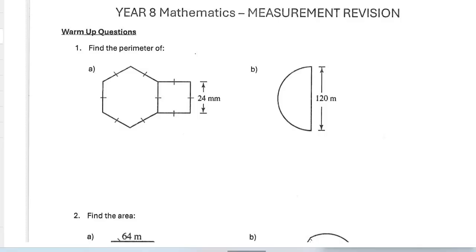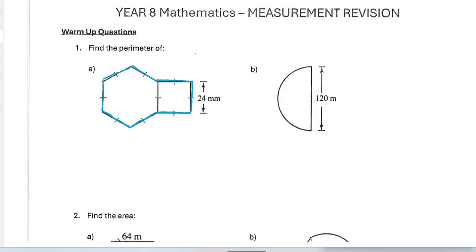Now this one has lots of markings indicating that all of these sides are 24. So each one of these is 24. Let's count up how many go around the outside. 1, 2, 3, 4, 5, 6, 7, 8 sides there.